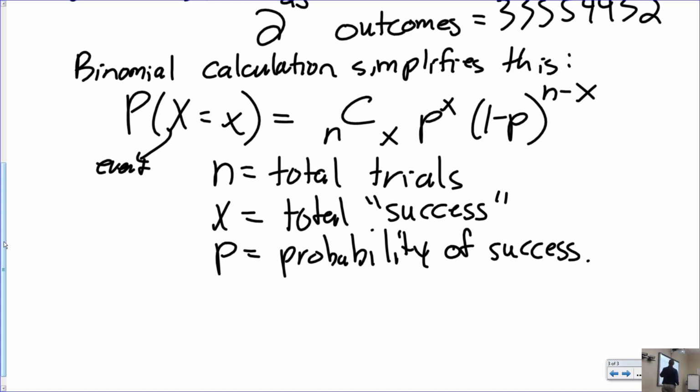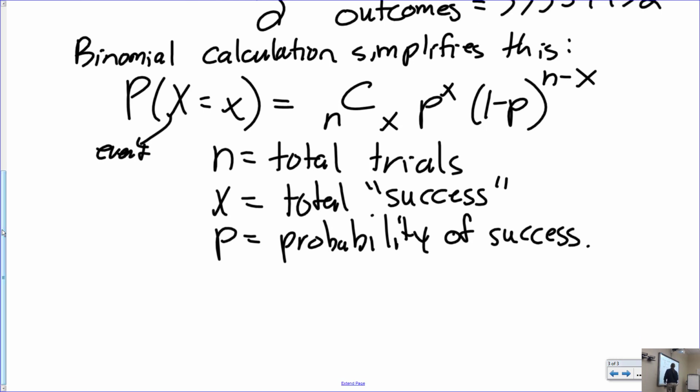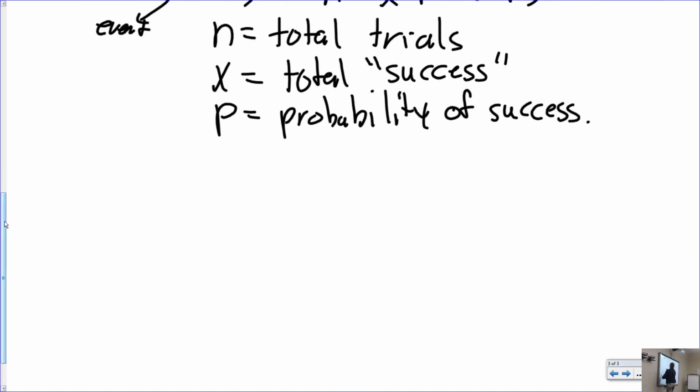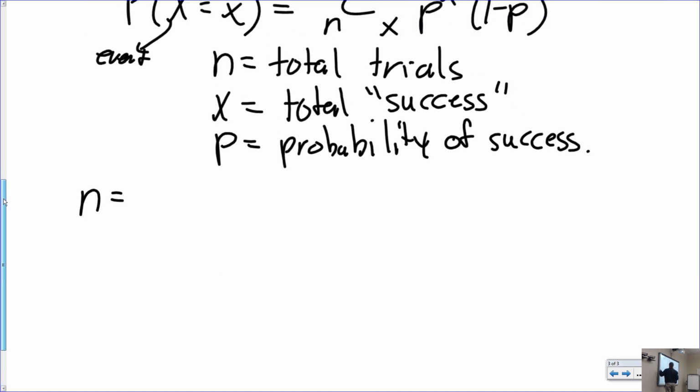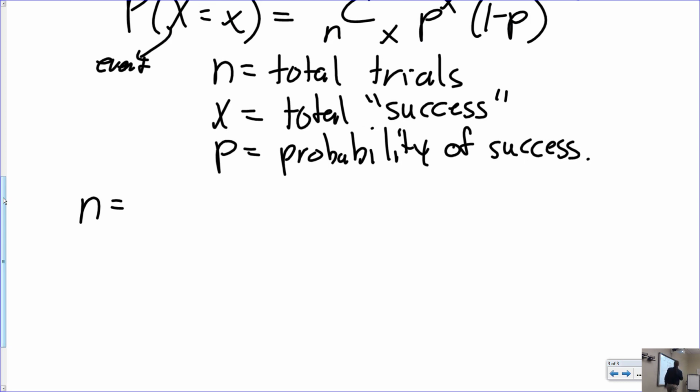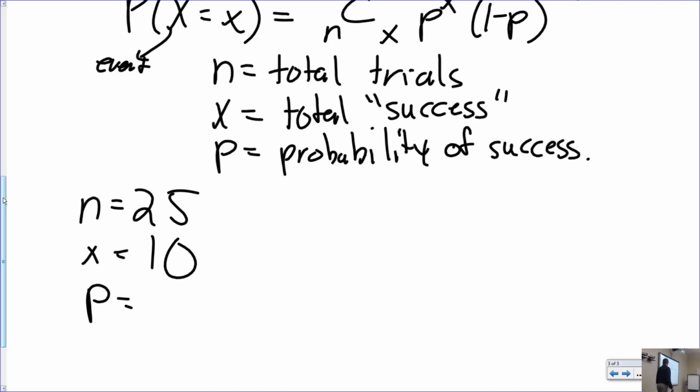So for my example that I just did, what is n? 25. What is little x? 10 heads. And what is p? What is my probability of success?